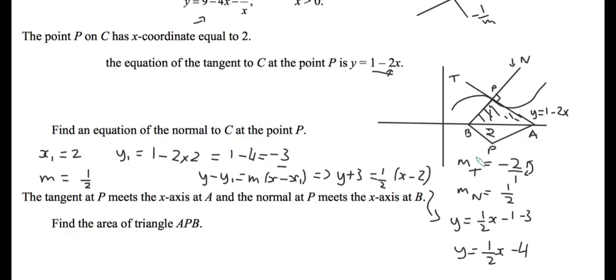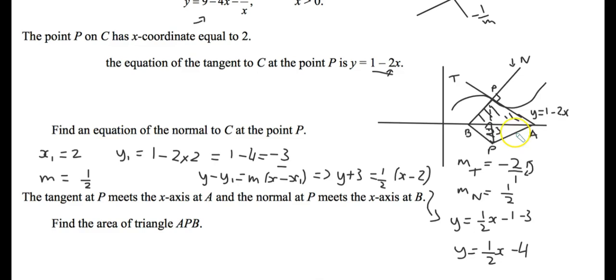So here, if we want to work out the area of APB, what we need here is essentially the base and the perpendicular height. So we know the perpendicular height is already going to be 3, because we know this y coordinate of P is minus 3, so this distance here is going to be 3, and then we just need to work out the x coordinate of B and the x coordinate of A, and then take away the difference to get the base.